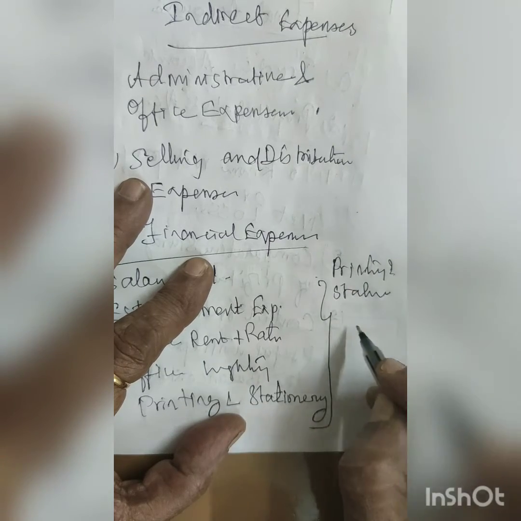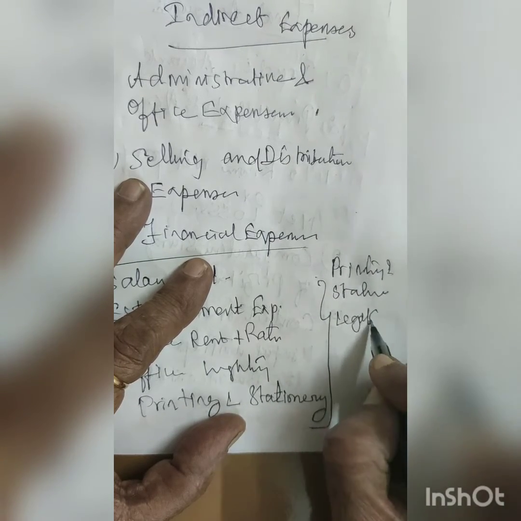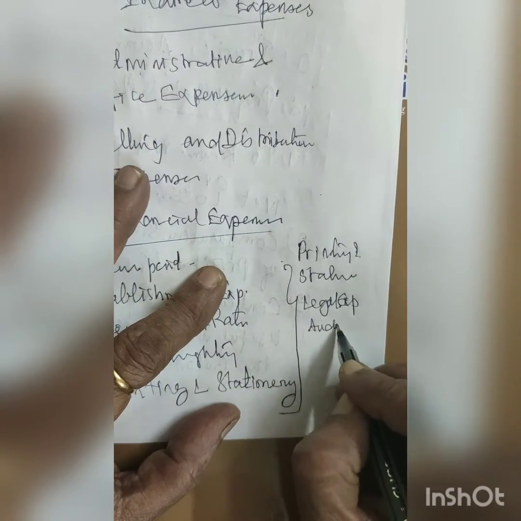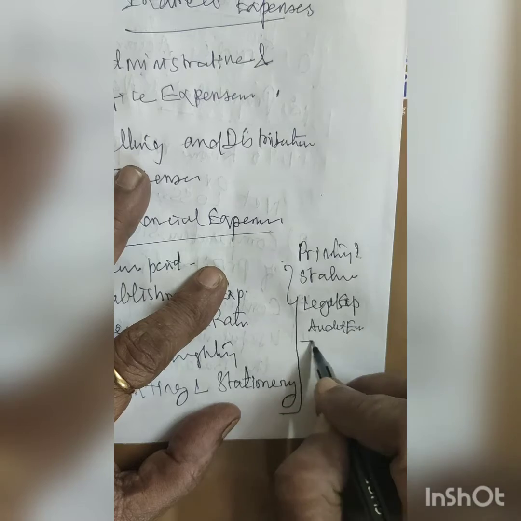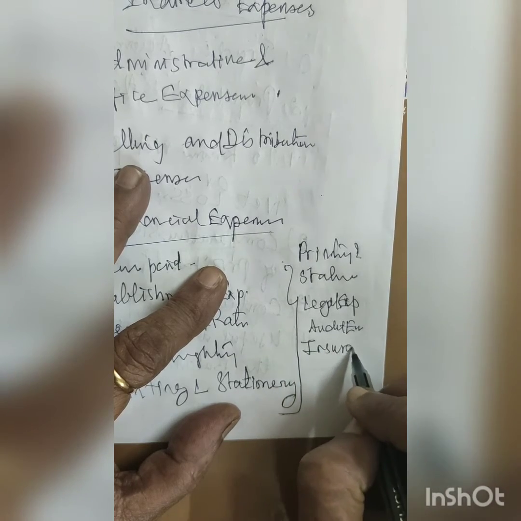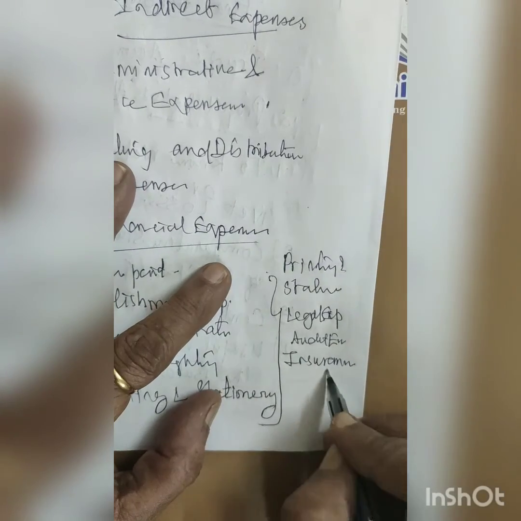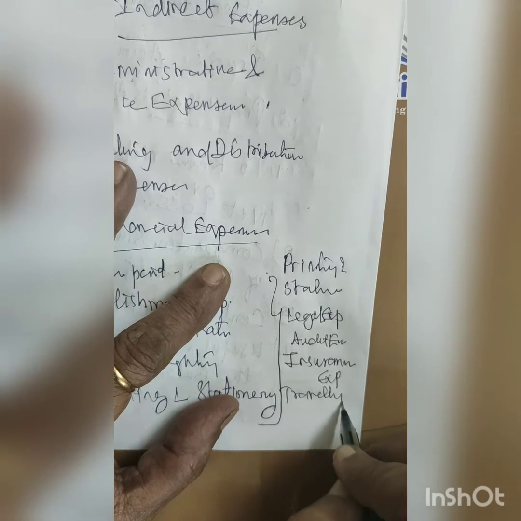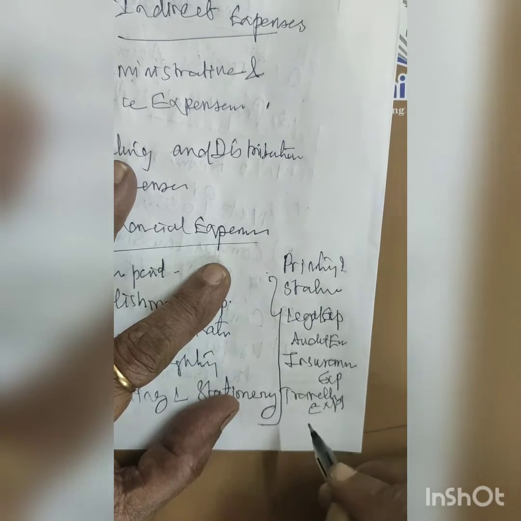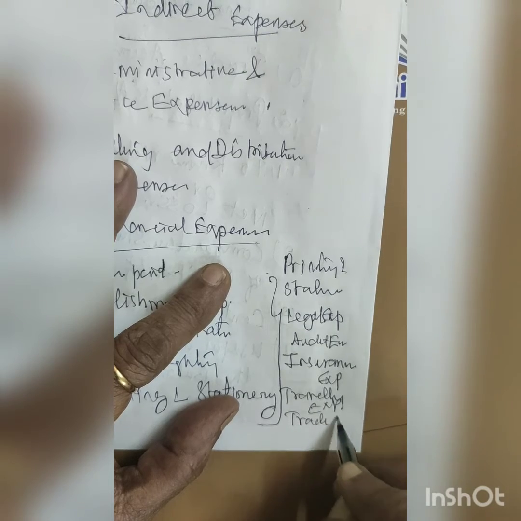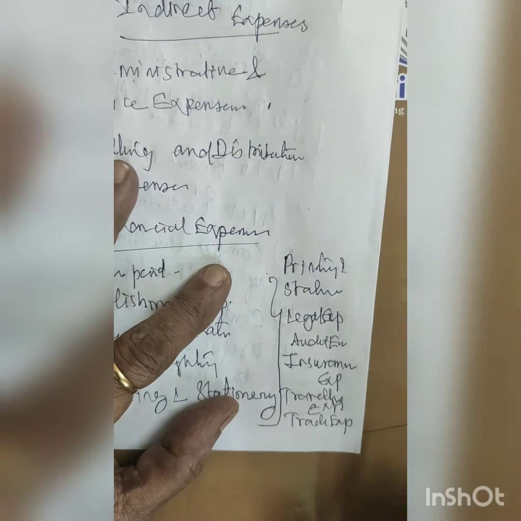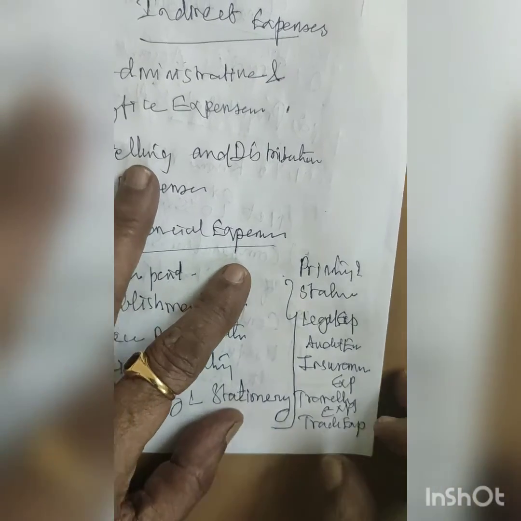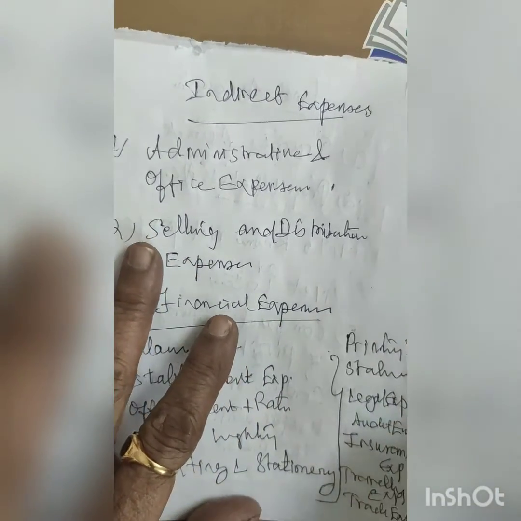And in addition to that, legal expenses and audit expenses, insurance expenses, and traveling expenses. Finally, we can say trade expenses. All these expenses come under administrative and office expenses in case of indirect expenses.